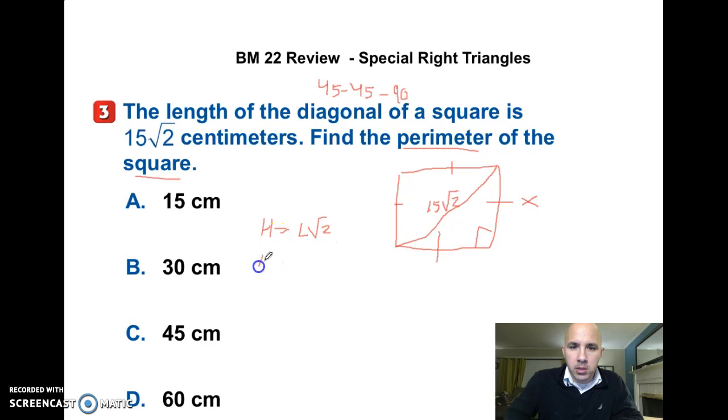Plug it in nice and neat. 15 square root of 2, my hypotenuse, equals the length X times square root of 2. Okay, we'll divide both sides by square root of 2.